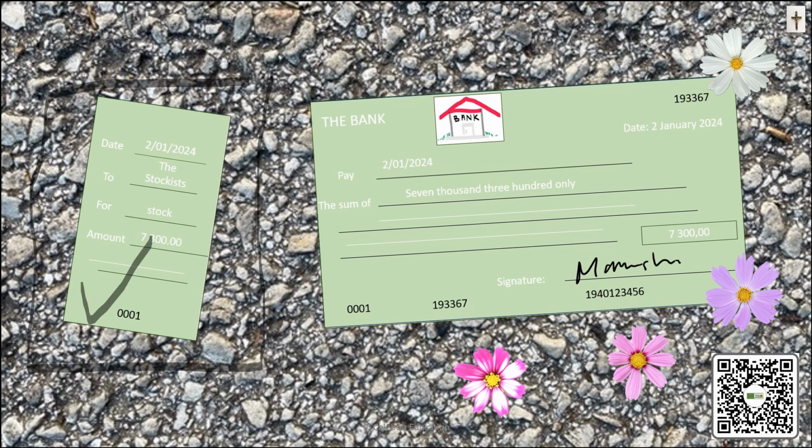And at Calibre Education, we use the check counterfoil or the check stub to record the payment in the Cashbook payments. And there we go. The stockist, or whoever got paid, will take this check to the bank.